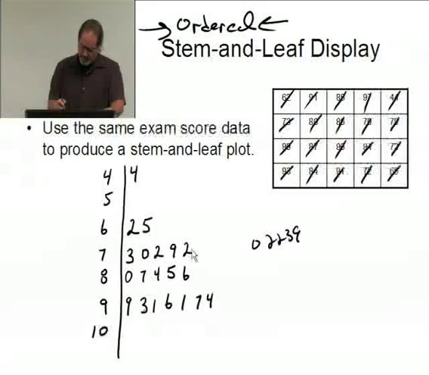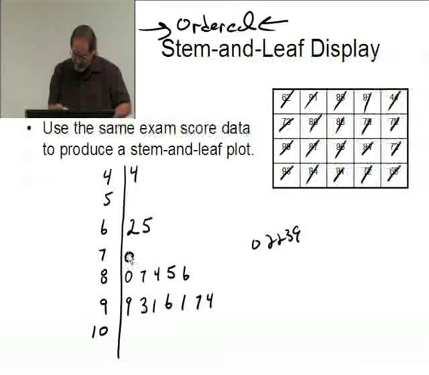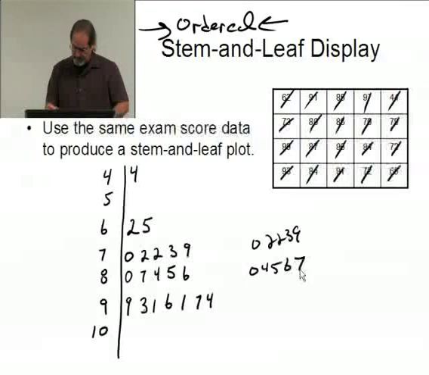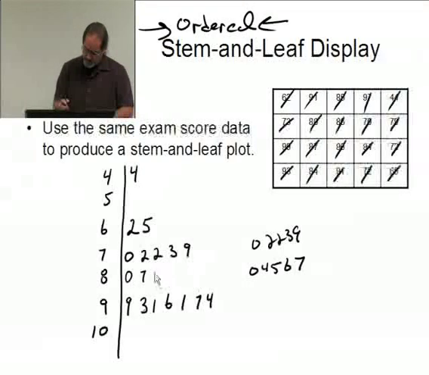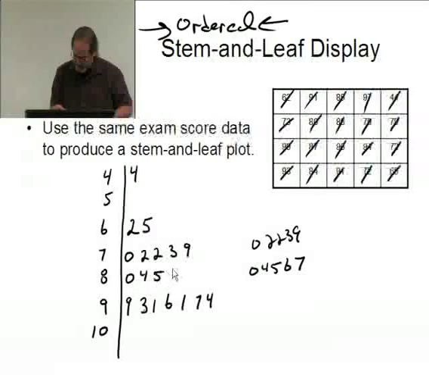So I'm going to erase this and put it in order. So I have my 70 followed by my 72, the other 72, 73, and 79. See, this is a problem. This should be 0, 4, 5, 6, 7. So I'm going to erase this and put it in 0, 4, 5, 6, 7.